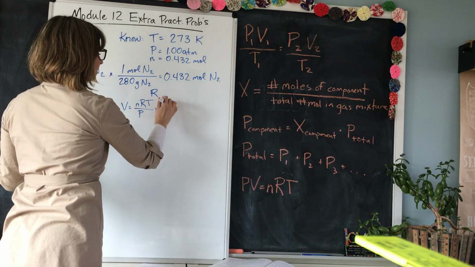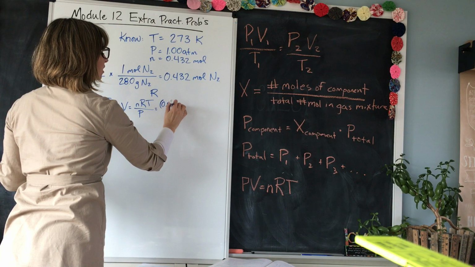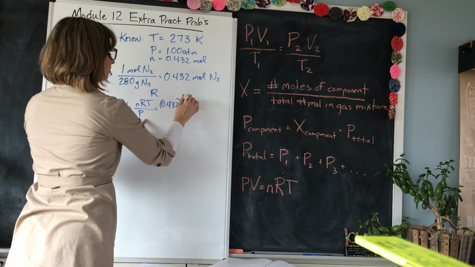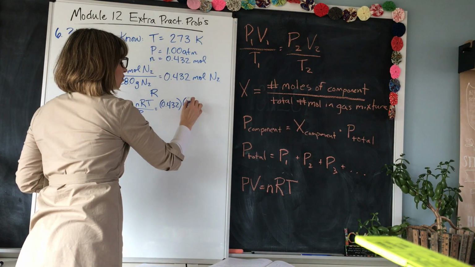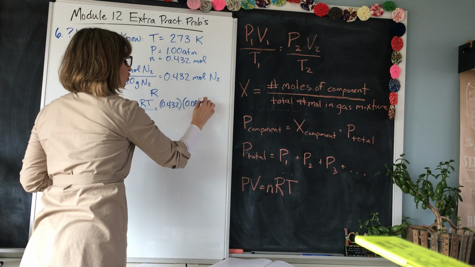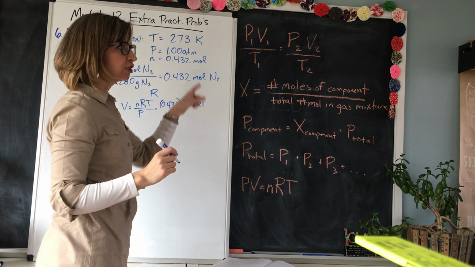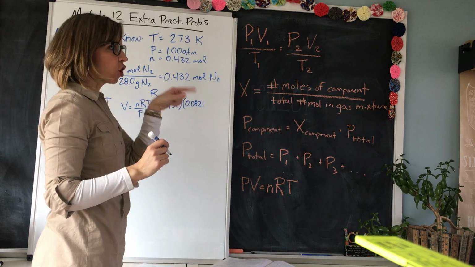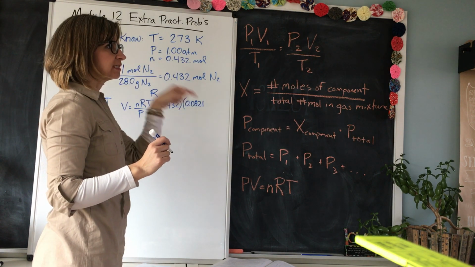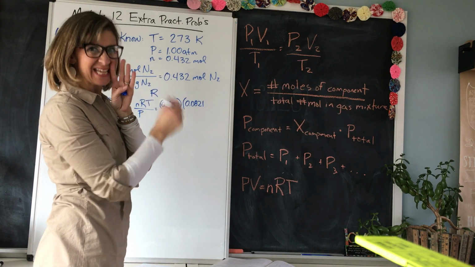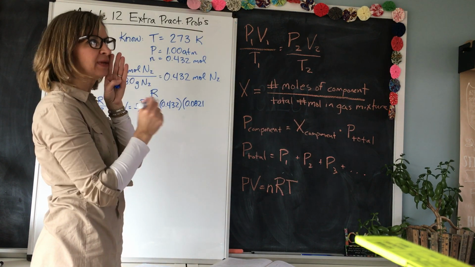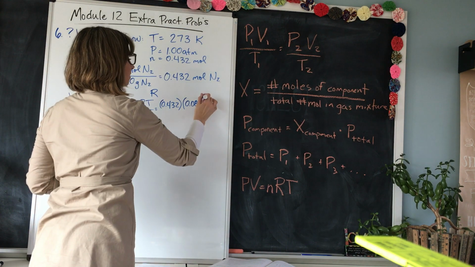So n is 0.432. We're going to multiply that times R, the constant, which is 0.0821 liters times atmospheres over moles times Kelvin. I'm not actually going to write the units in the interest of time and space.